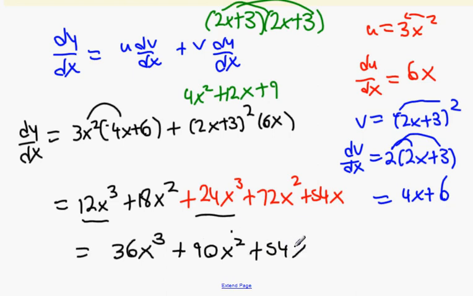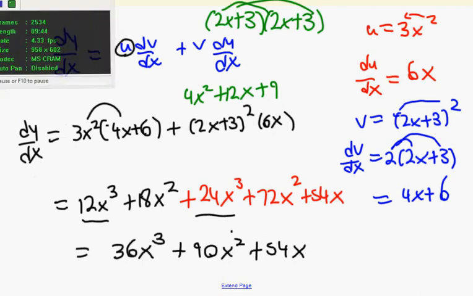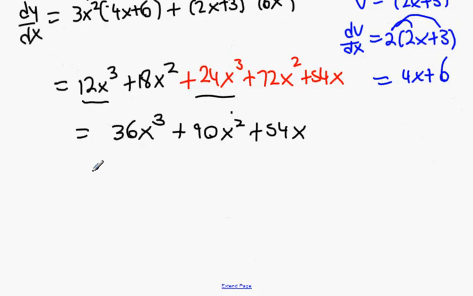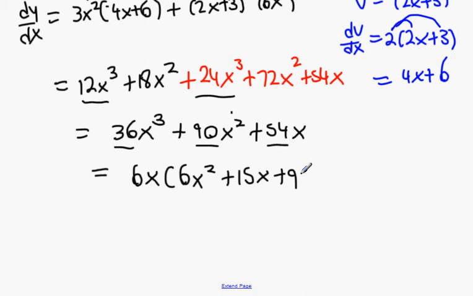Okay. Anything like that is an acceptable answer, but what some people are saying is, well, I could actually just divide by 6 and take out an x at the same time. So you could get 6x bracket 6x squared plus 15x, and then 54 divided by 6 is 9. Now, believe it or not, you could actually break that down further if you wanted.